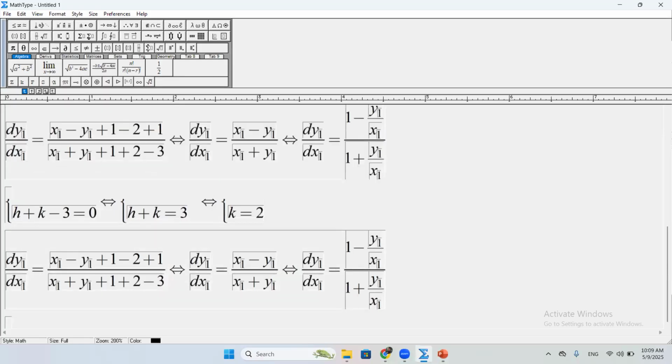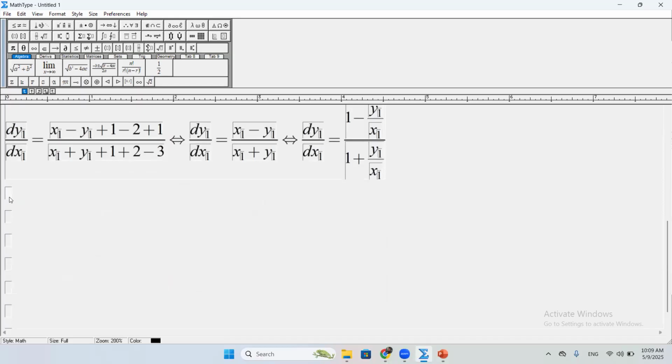And now let's do the substitution that we do for homogeneous equations.